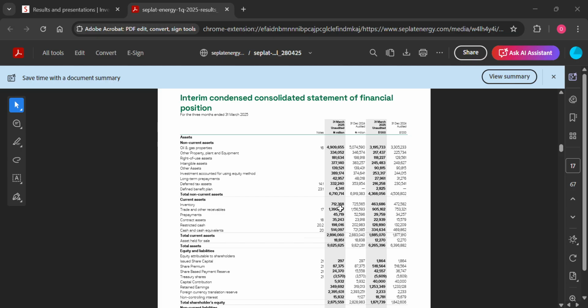Then you now have your other income, if there are other ways by which the company made their income, you now have it here. For example, finance income, other income, other ways the company made their income.